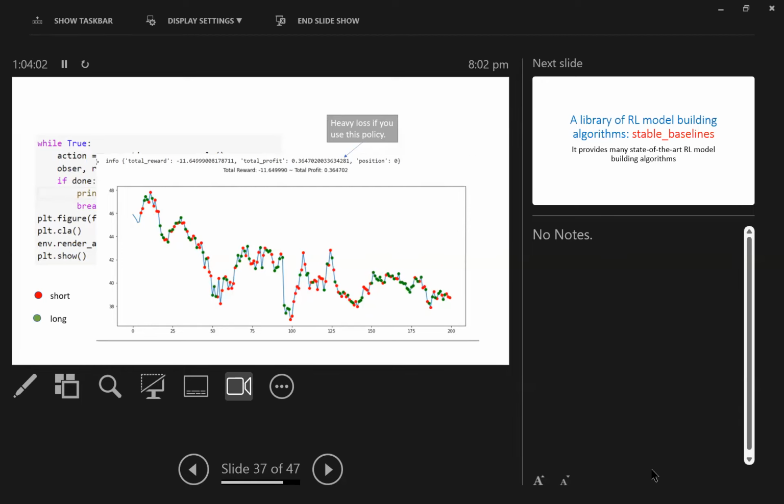The environment will use this information to do the trading according to some strategy, and then it will tell the user whether this long and short position detection will lead you to profit or not. In this case, even though it says that it's profit, actually it's a big loss, because you start from 1 unit, and at the end you only have 0.36 unit left. But this is what you expect.